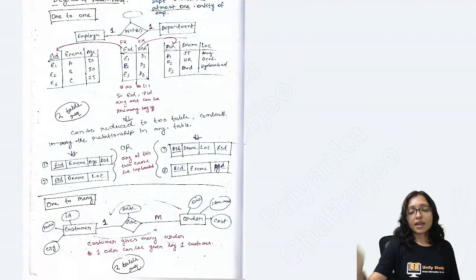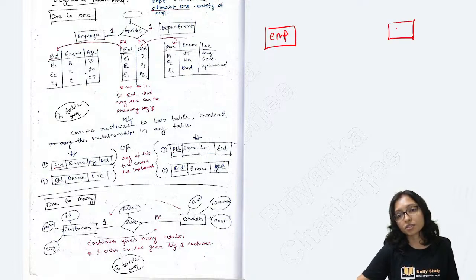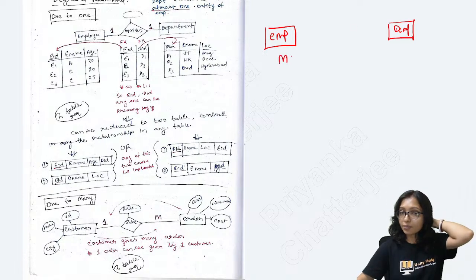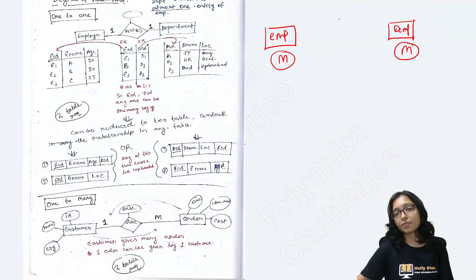You can ask me why. Because just think of an example: employee and department. Many employees can work in one department, and many departments can have one employee.